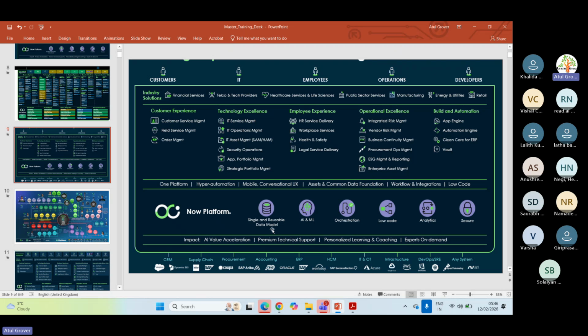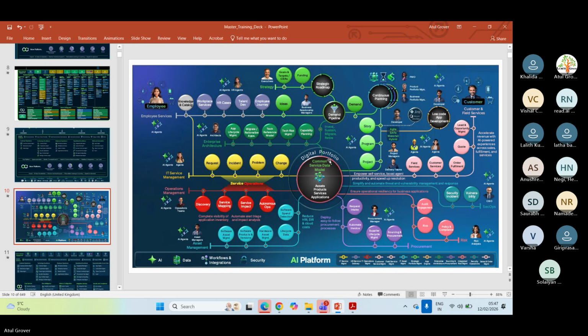A single and reusable data model. A joint home where any family can come and stay. Or if I come back here, this is your CSDM in the middle, so that everybody can use it: employee, executive, CSM, ITOM, asset, anybody.